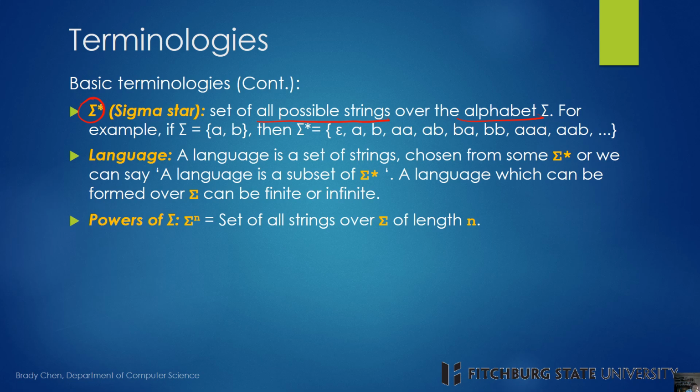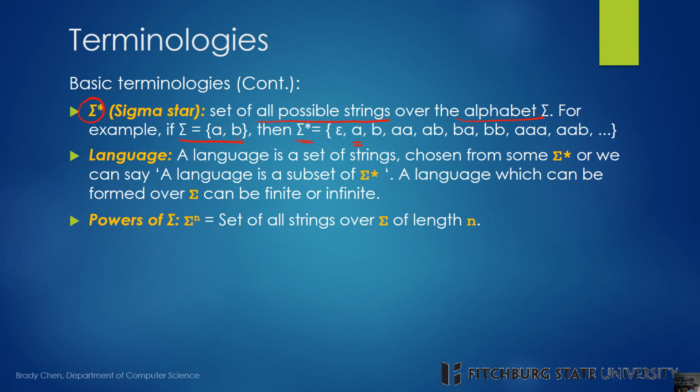So for example, if sigma equals the set which contains A and B, so it's a set of 2 symbols, A and B. And then what is sigma star? Sigma star contains, of course, all possible strings over the alphabet.